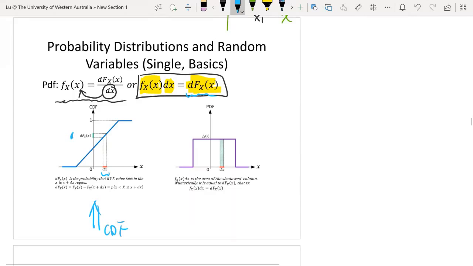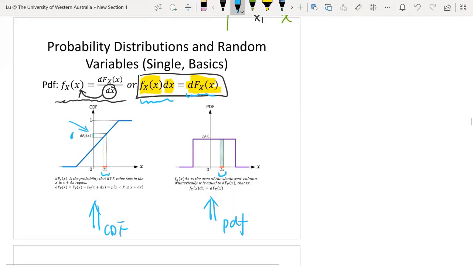But this small change, you can see the small green color segment shown here. This small segment in the CDF function curve is equal to the left-hand side, the product between the PDF and the dx. Dx remains the same in the PDF curve, so this doesn't change.